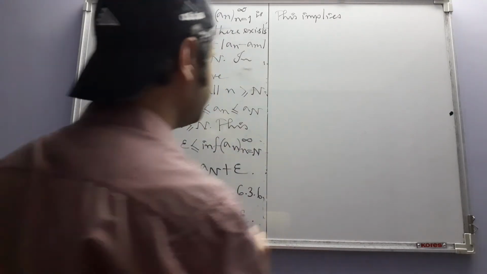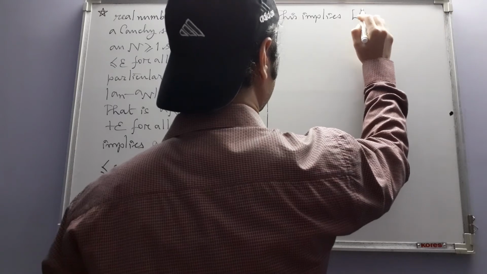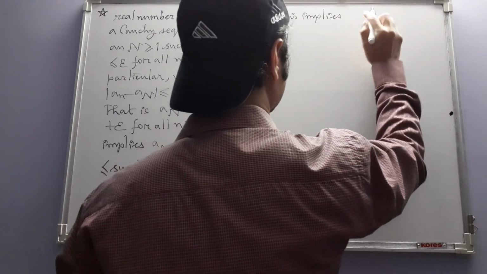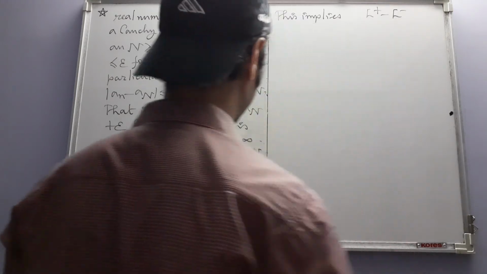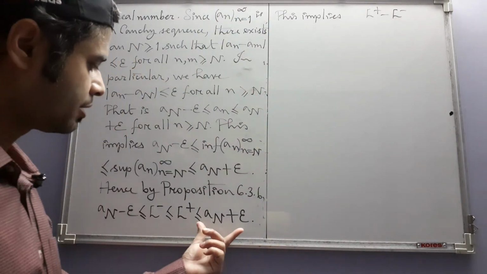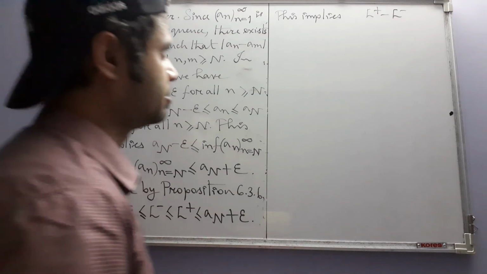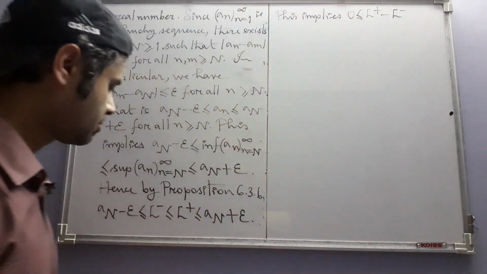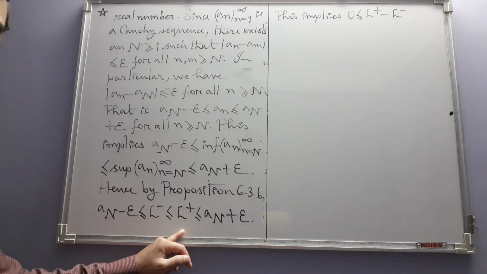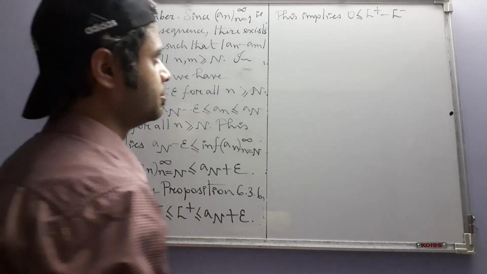Now if we consider this difference L plus minus L minus, L plus is less than or equal to a_N plus epsilon, and this difference is of course non-negative because of this middle inequality.